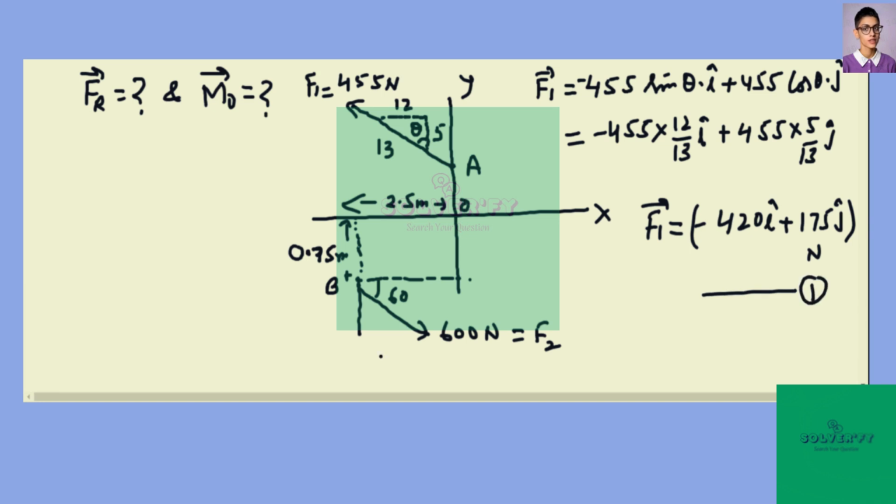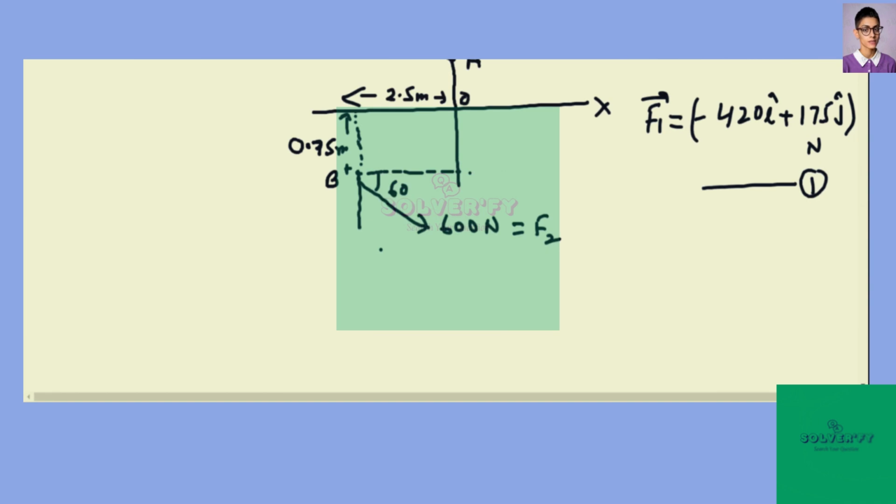Similarly, we can calculate F2 force. So here F2 force is in fourth quadrant. So its x component will be positive, y component will be negative. So 600 cos of 60 i cap minus 600 sine of 60 j cap.